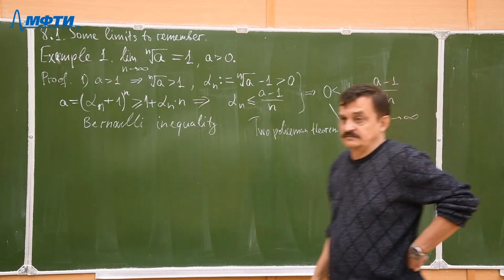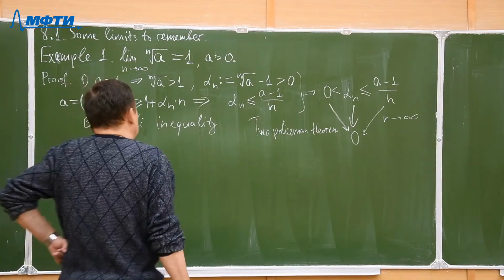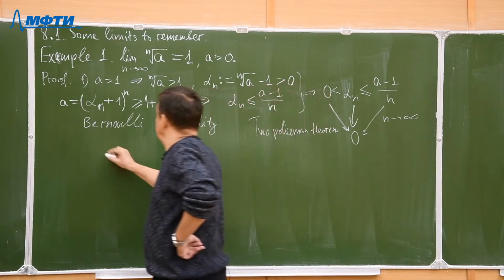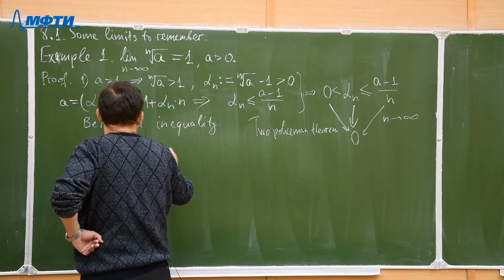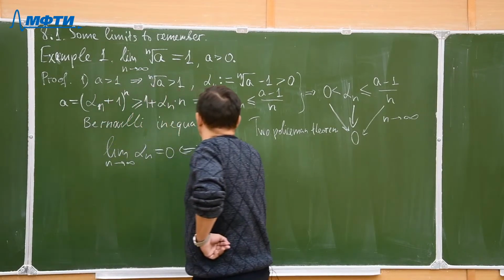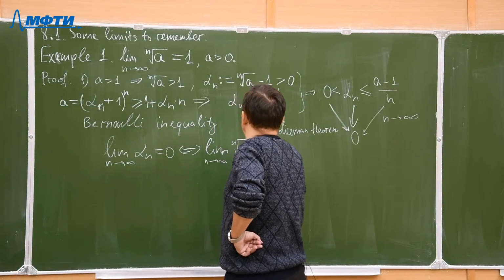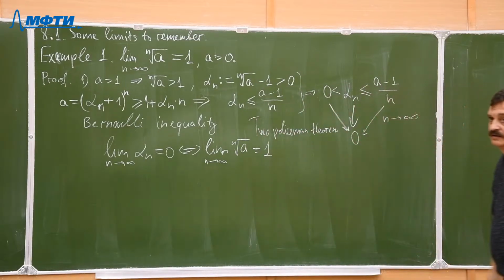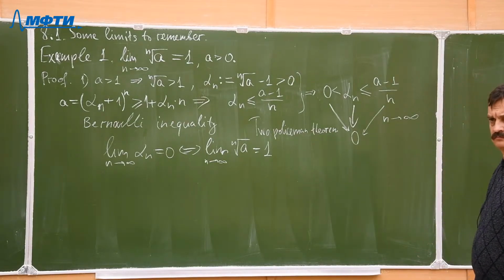And that is in fact the same as to say the limit as n tends to infinity of alpha n is 0 is equivalent to say the limit of nth root of a equals 1, because you see that is done.